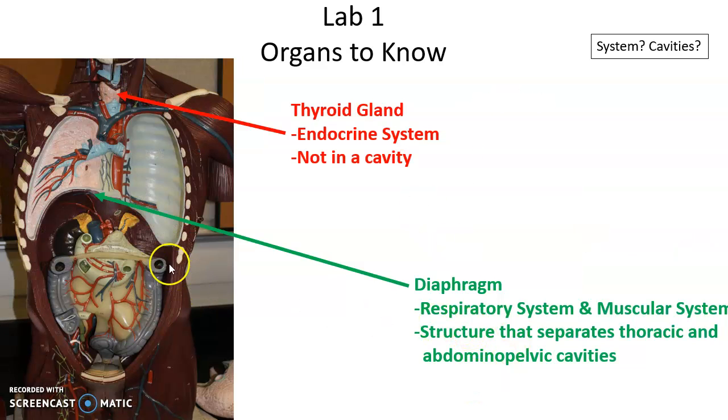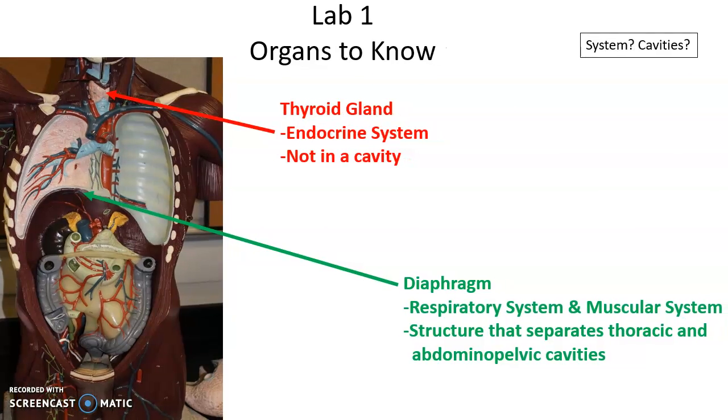The diaphragm here, this sheet-like muscle, is in the respiratory system, important for breathing, and in the muscular system because it is indeed a skeletal muscle. And then the diaphragm is kind of not in a cavity. It separates the thoracic cavity from the abdominal pelvic cavity. So we're not going to put it in a cavity.